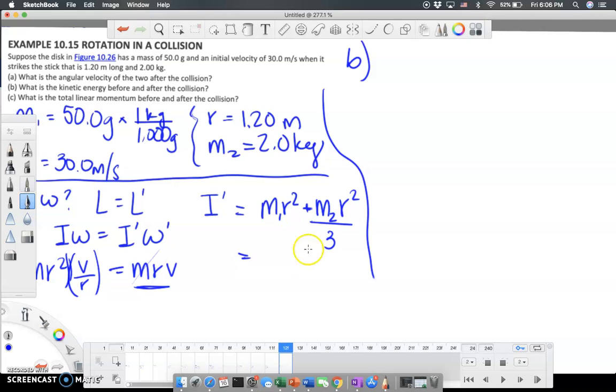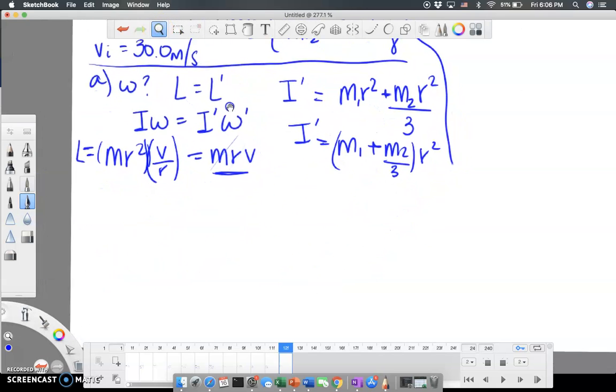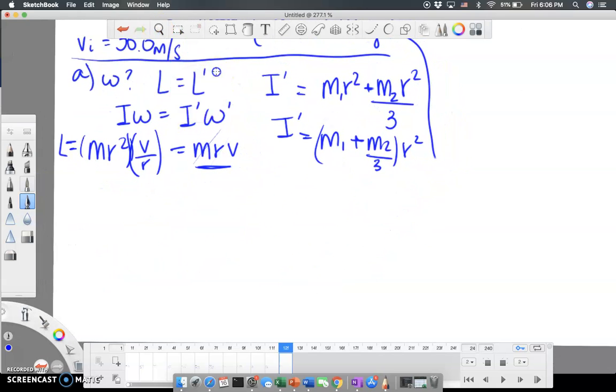We can simplify this a little bit: m1 plus m2 over 3, both of them times r squared. So that's my I prime. Now we can equate that to this here. Remember that L equals L prime.